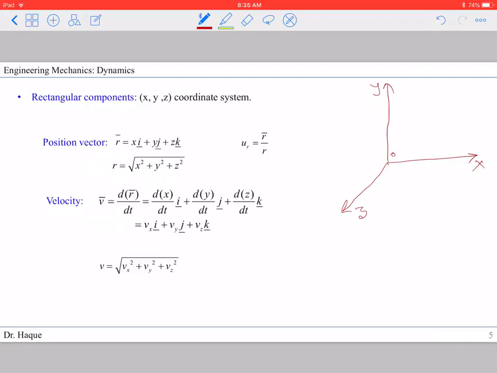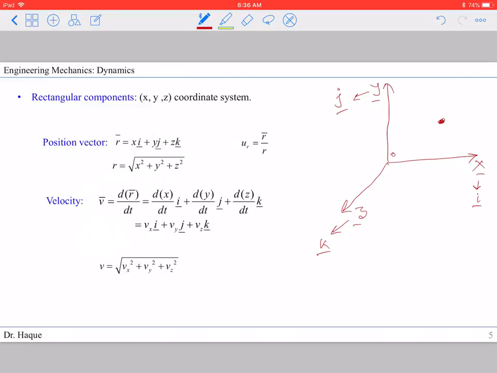We also know that this x, y, and z has a directional unit vector: for x it is i, for y it is j, and for z it is k unit vector. So assume that we have a particle in space right here.